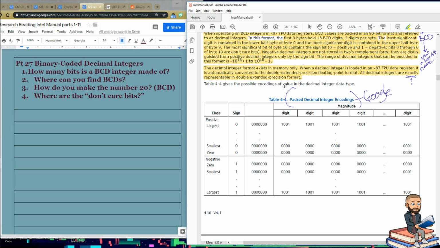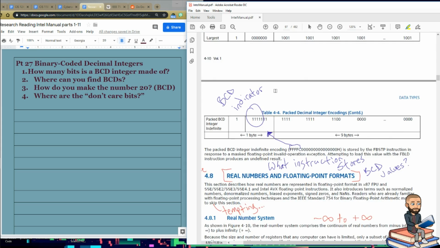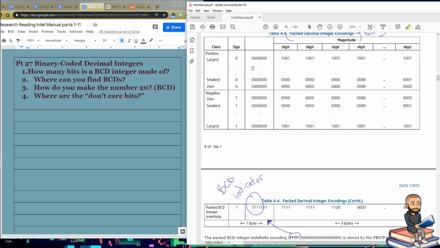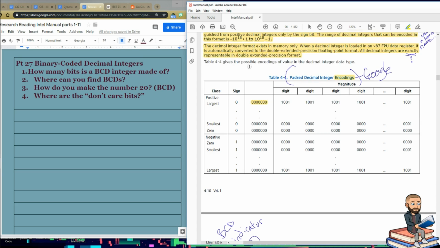Well, anyways, here is a relatively unhelpful table, just like usual, that Intel likes to give us. But I did notice this difference when I was trying to analyze them: the whole column is all zeros when we're looking at these packed decimal integer encodings. And yes, this is a different encoding, right? So I think this part of the table, it says table 44 gives the possible encodings of value in the decimal integer data type.